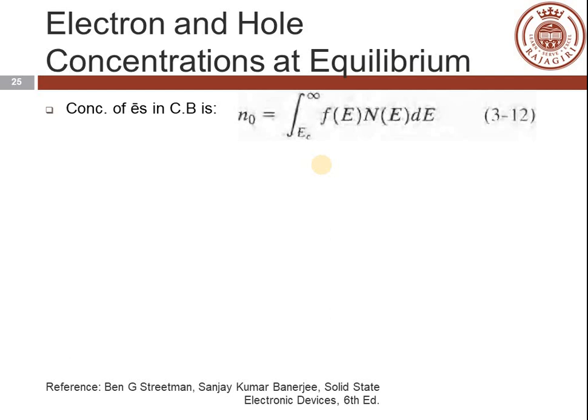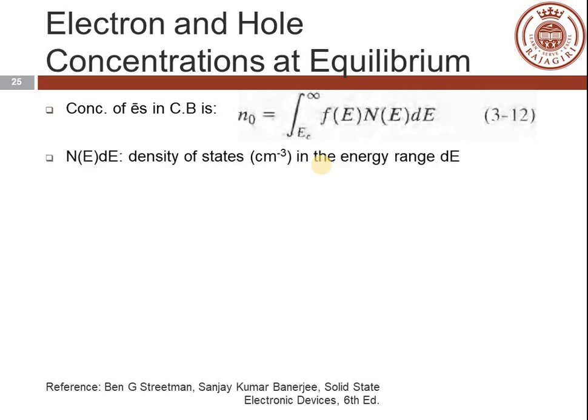Explaining: f of E, you know, is the Fermi-Dirac statistics or probability of finding an electron in a particular energy level E. Now, n of E dE is the density of states in centimeter raised to minus 3 in the energy range defined by dE.